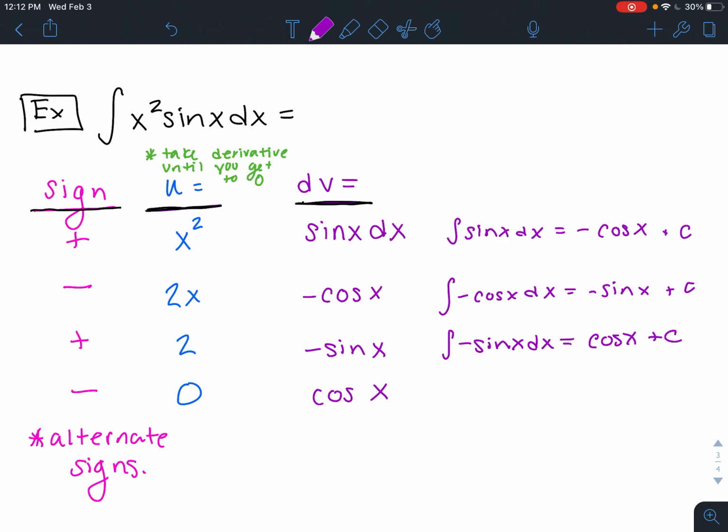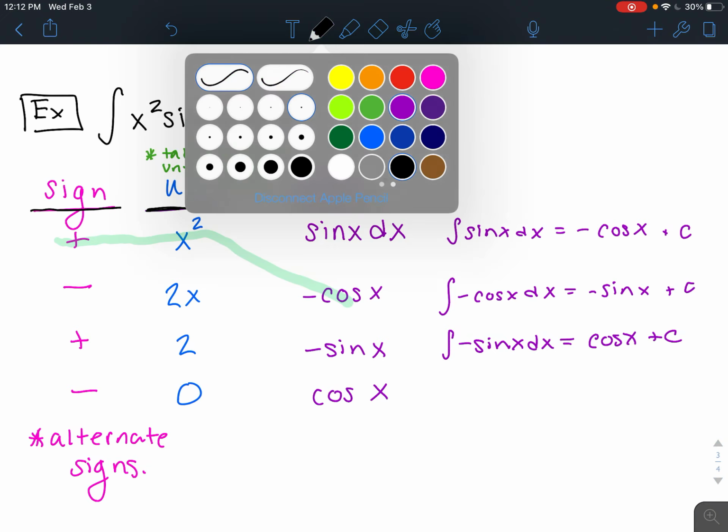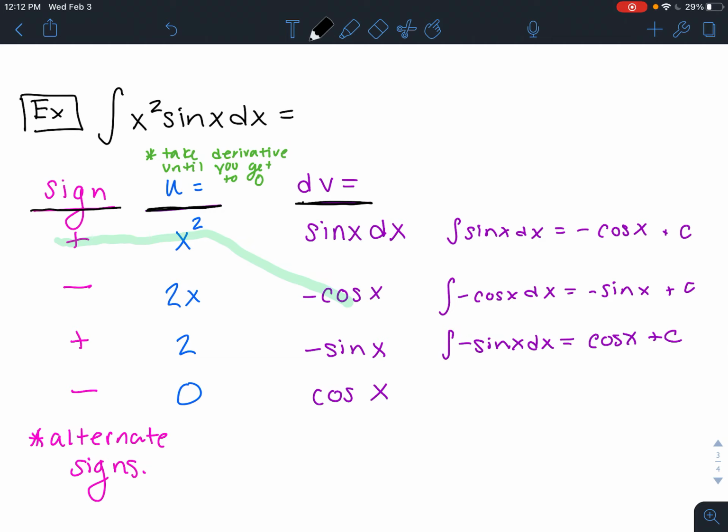So the way you use the table to put your answer together is you start here, you start in the first sign and you go to the matching part of u. And then you go down to v. So my first term of my answer is going to be positive x squared times negative cosine of x.